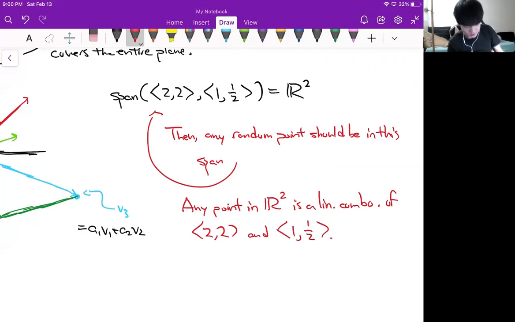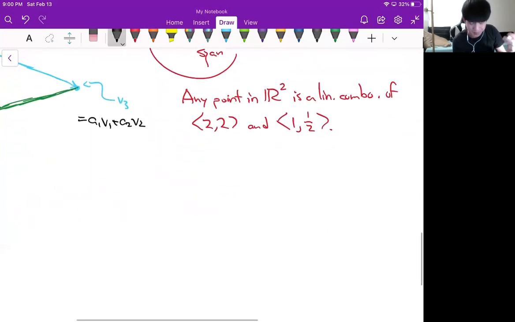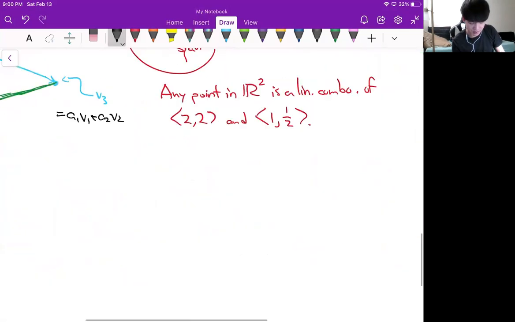Well, okay, let's show that. Let's pick a random point. I don't know, how about (0, 7)?